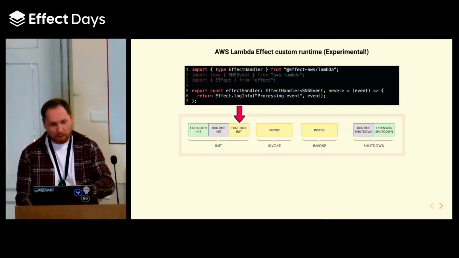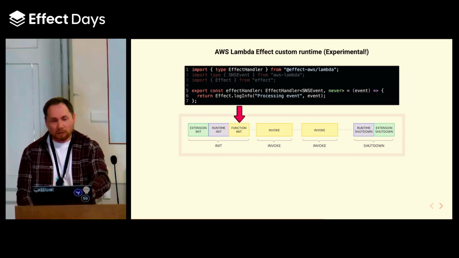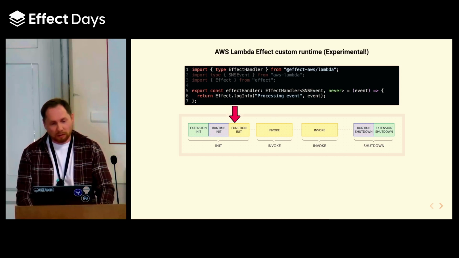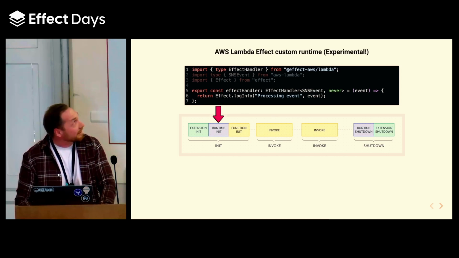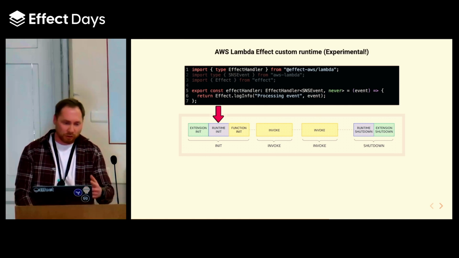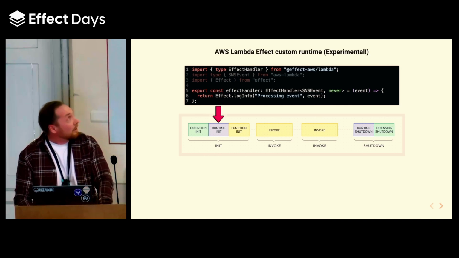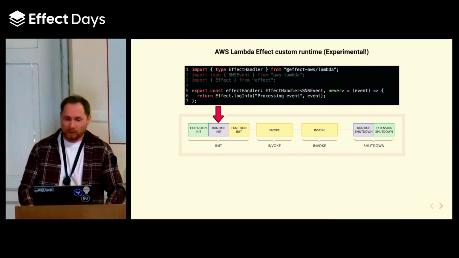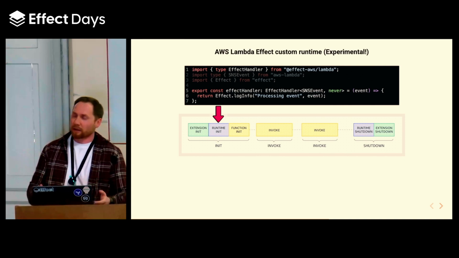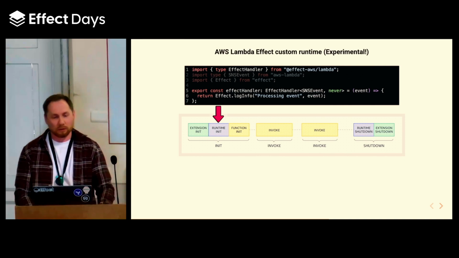So let's come back to the diagram. Instead of constructing this global layer, we would construct it even earlier, on the runtime init phase. This is why we need to define a custom runtime for our Lambda function.